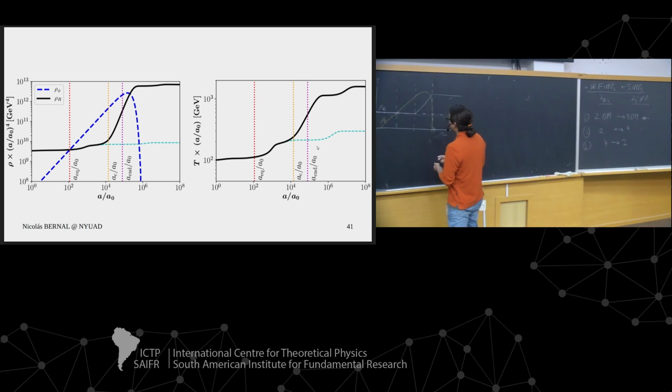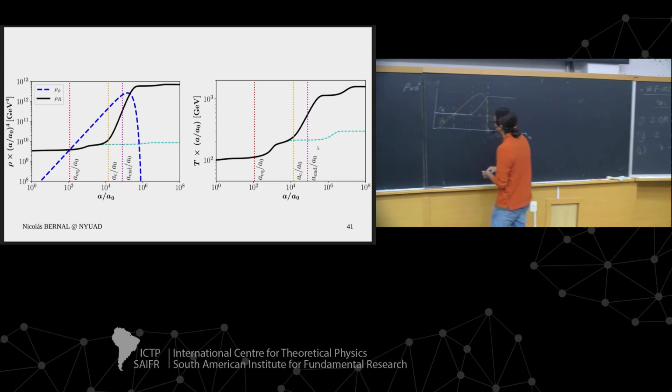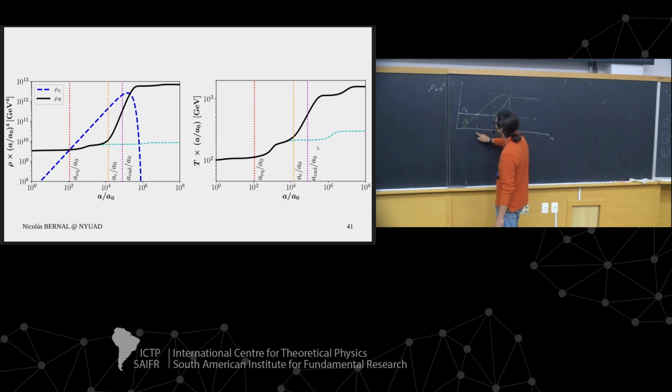So there are three important scales. At first, you will have an equality, and I call it the equality, surprise. Then at some point the universe starts to be dominated. This part here is what they call the early matter domination, because the Hubble expansion rate is dominated by phi and not by radiation.